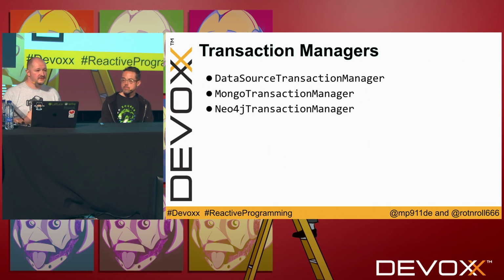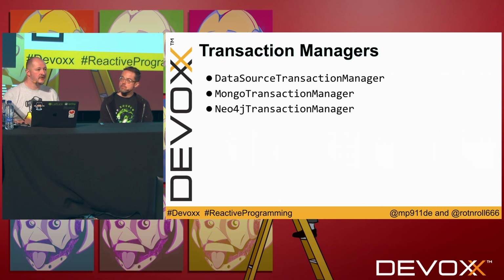When living in the Spring realm, there are so-called transaction manager implementations, and we have quite a few of them. If you want to use JDBC transactions, then you take a data source transaction manager. There's one specific for JPA, and one specific for JMS.